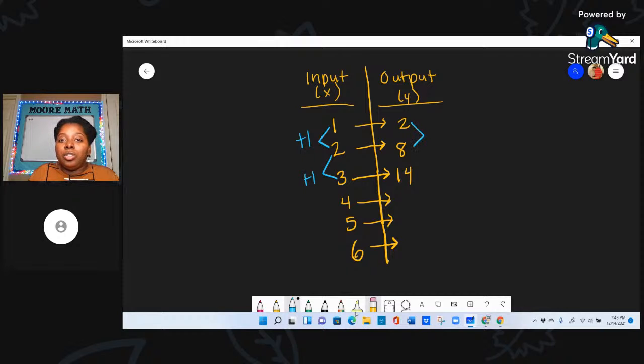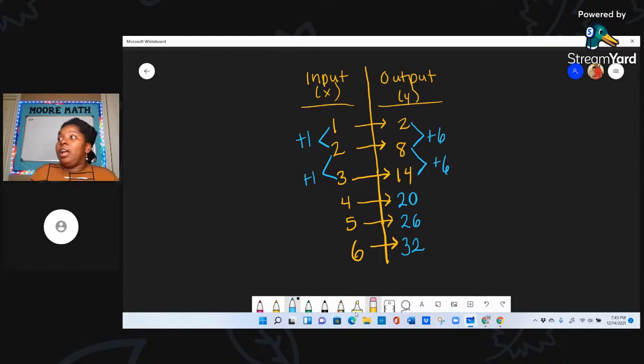Good. 2 plus 6 is 8. 8 plus 6 is 14. That means what should this next Y be? 20. Good, because 14 plus 6 is 20. What about the next one? 26. Good. And the next one? 32. Excellent. So we fill that in.